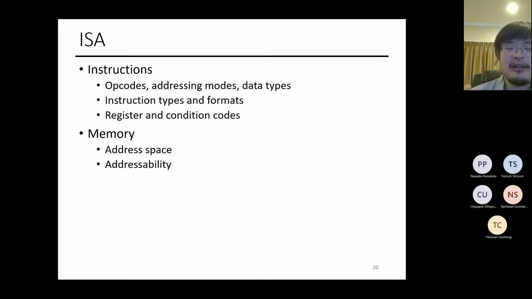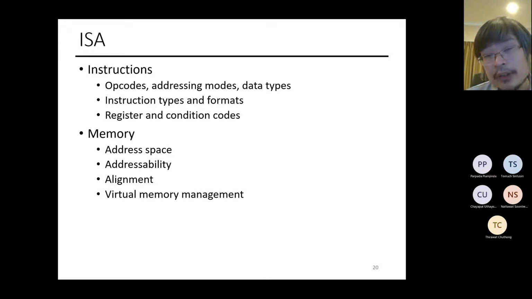Addressability: how do I go into each piece of the data? Alignment: how do I align each data word together? Also, things like virtual memory management are defined in the ISA.